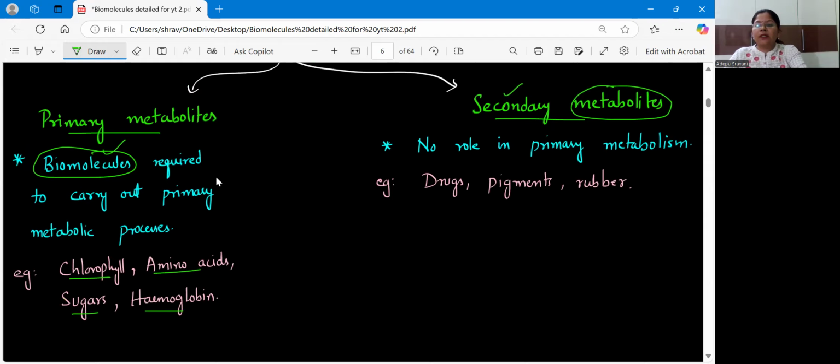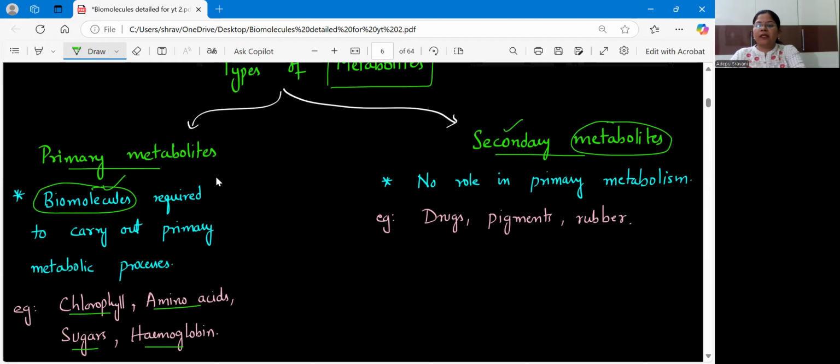Now, coming to the examples of secondary metabolites, we can have drugs, pigments, rubber. See, these things are useful for us. That means as humans, we use the drugs and rubber which we obtain from plants. But what exactly is the function of rubber in plants, that we don't know. Similarly, the drugs which are produced by the plants, we are using the drugs.